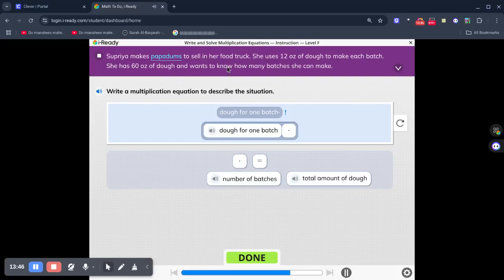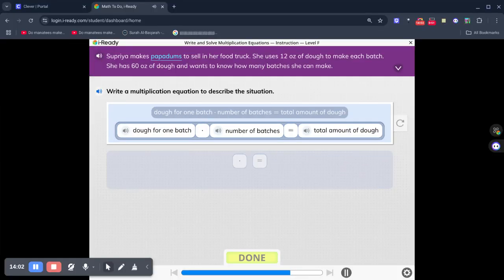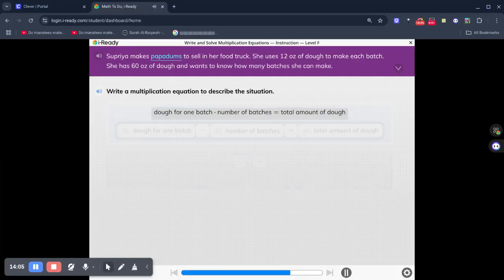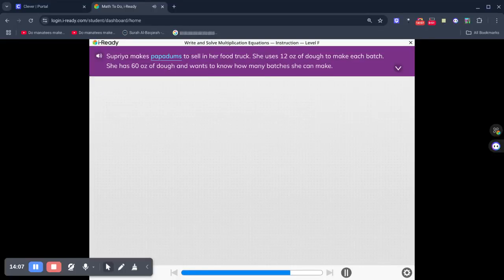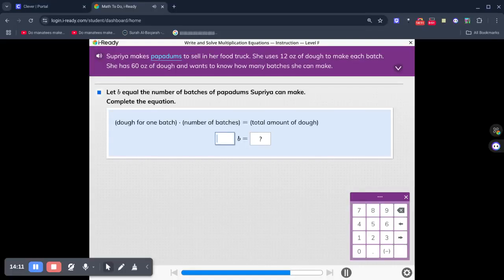Supriya makes papadums to sell in her food truck. She uses 12 ounces of dough to make each batch. She has 60 ounces of dough and wants to know how many batches she can make. Let B equal the number of batches of papadums Supriya can make.